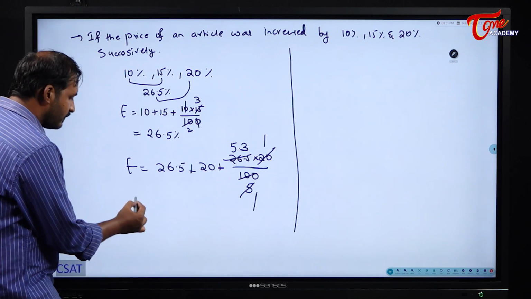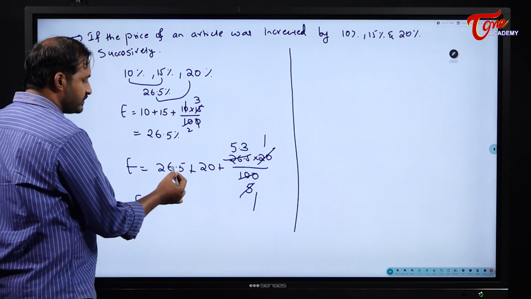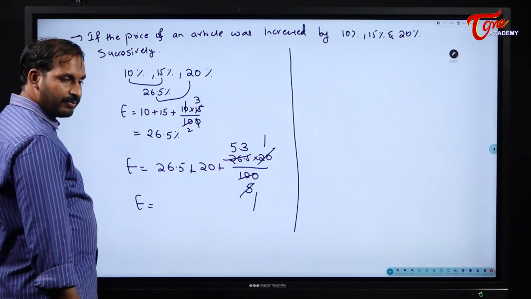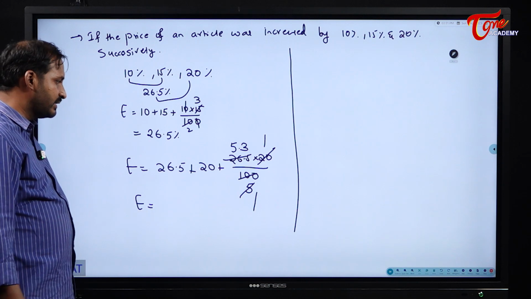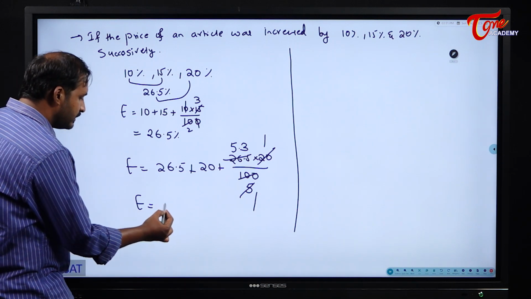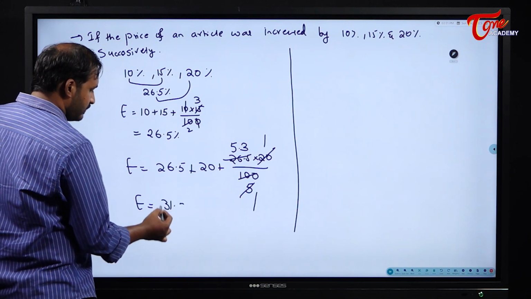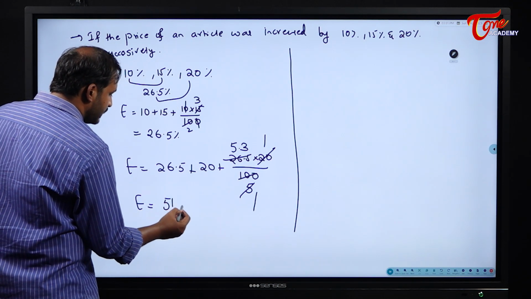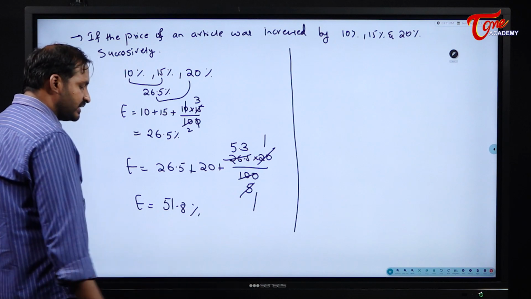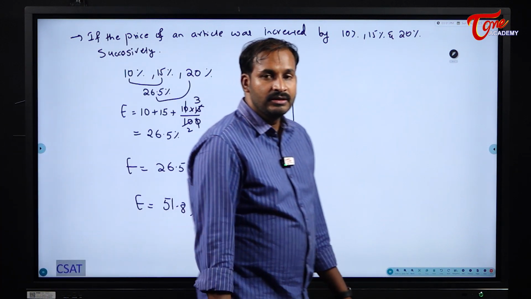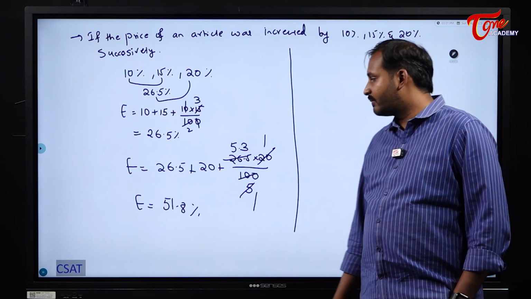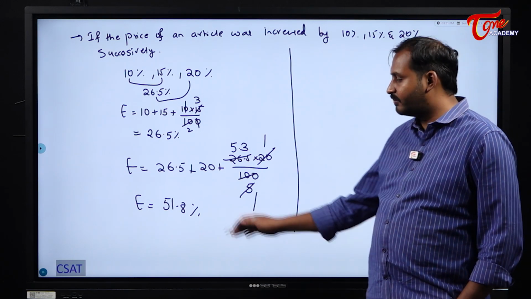So now 26.5 plus 20 becomes 46.5, plus 5.3. 46.5 plus 5.3, what will you get? 51.8 percent. So the effective increase in the price of the article is 51.8 percent. Okay, good, superb, sir.